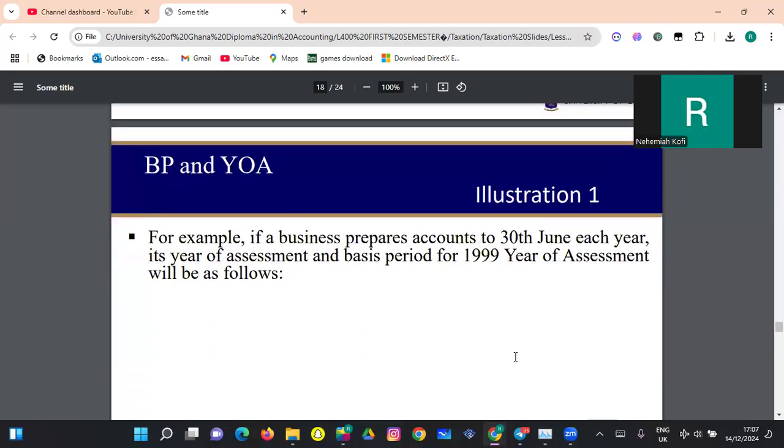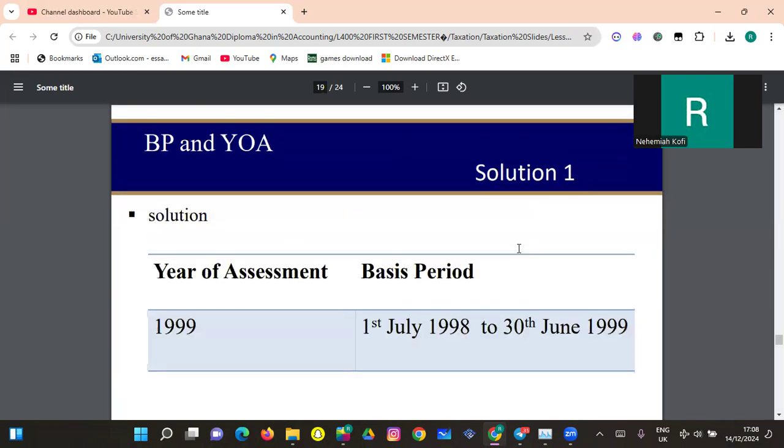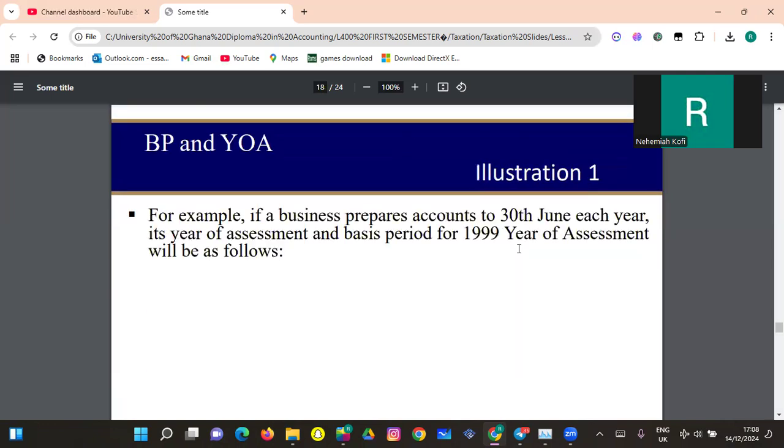So let's look at this example for basis period and year of assessment. For example, if a business prepares accounts on 30th June each year, meaning that it normally starts on 1st July and ends on 30th June, right?